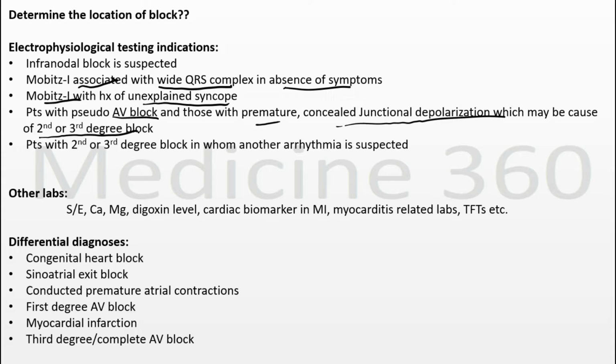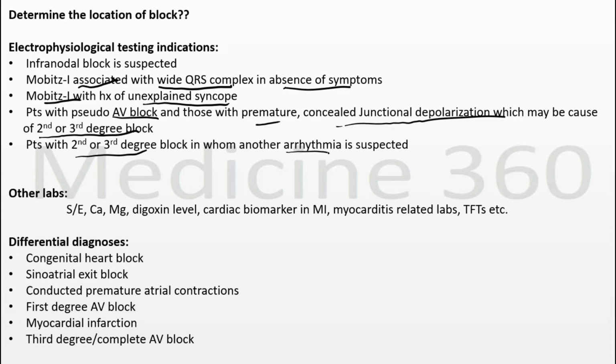Then there are the patients with second degree AV block in whom another arrhythmia is also suspected, we do the electrophysiological study. Other investigations which we do in second degree AV block include serum electrolytes, so we can see the levels of potassium, calcium, magnesium. Then there is the digoxin level. If the patient is on digoxin, we see the toxicity of digoxin by its level.